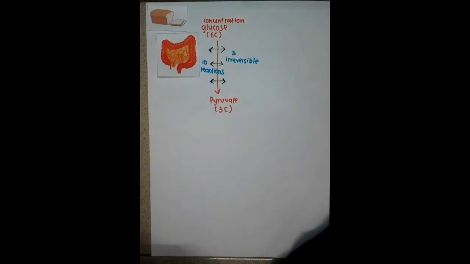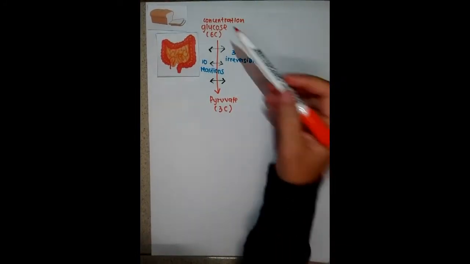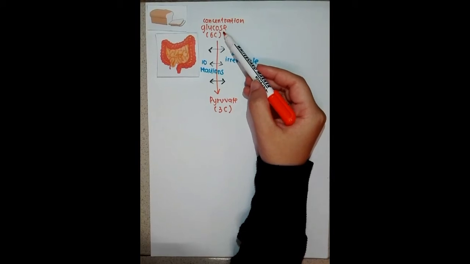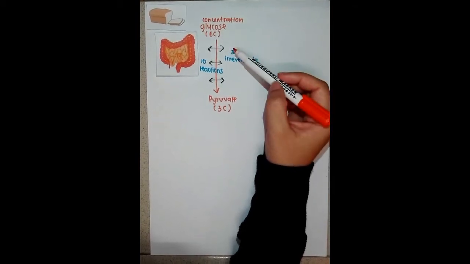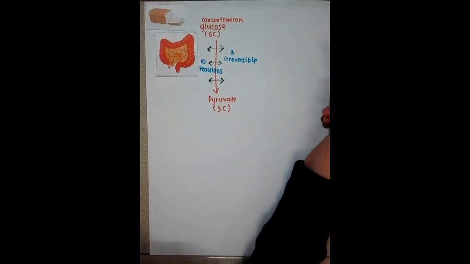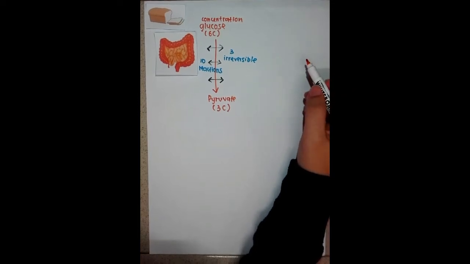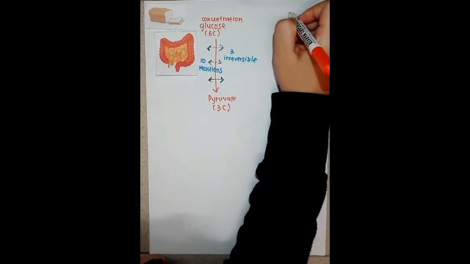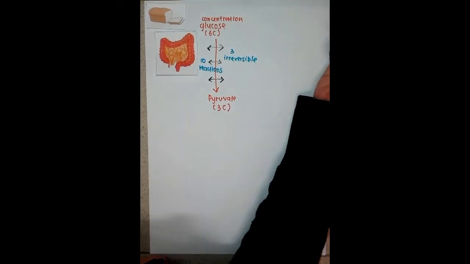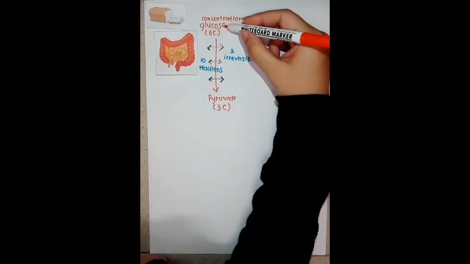This prevents excess concentration of blood glucose, but these three irreversible reactions can be reversed by specific enzymes, which are regulated only when there is deficiency of glucose in the blood.